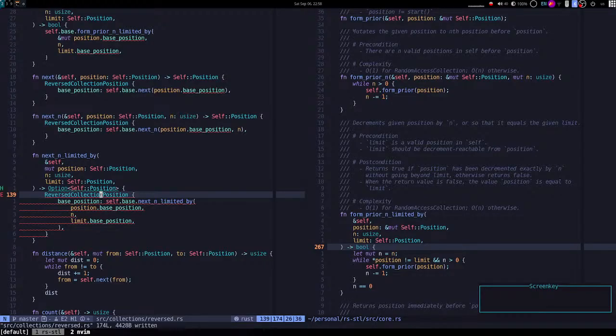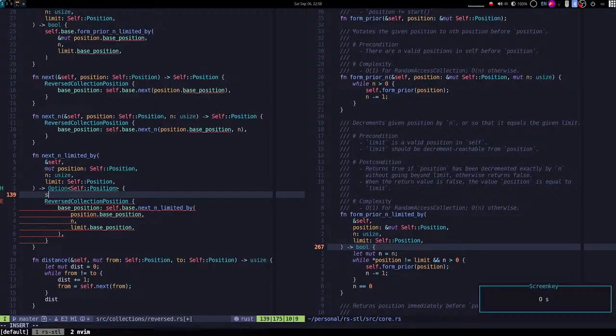Okay, how it should be. I don't know. Self dot base dot next.